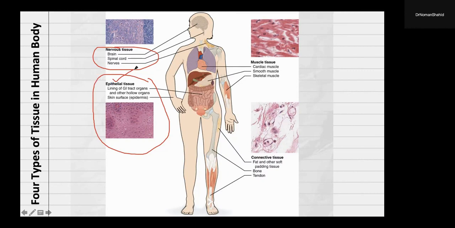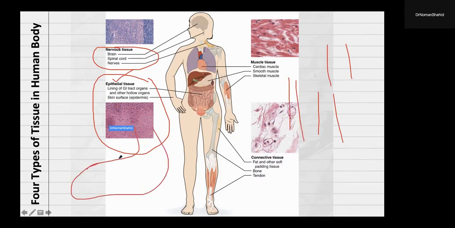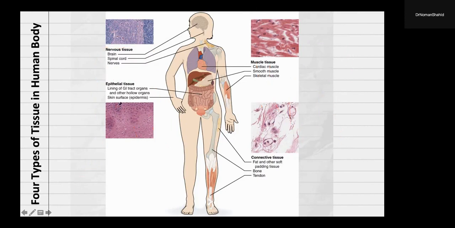The trachea is a tube, the bronchi are tubes, the esophagus is a tube, and the stomach is a cavity with a hollow space inside. The inner lining will be there, and then we have ureters. Everywhere there is a tube or internal hollow organ, we have an internal lining which protects and reproduces, and that is epithelial tissue.